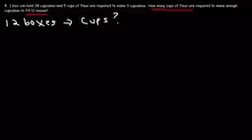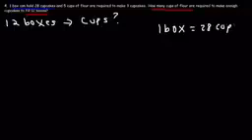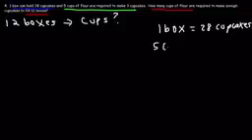Now we need to write our conversion factors. We're given the first one. 1 box can hold 28 cupcakes. So we're going to write 1 box is equal to 28 cupcakes. And then we have our second conversion factor. 5 cups of flour are required to make 3 cupcakes.